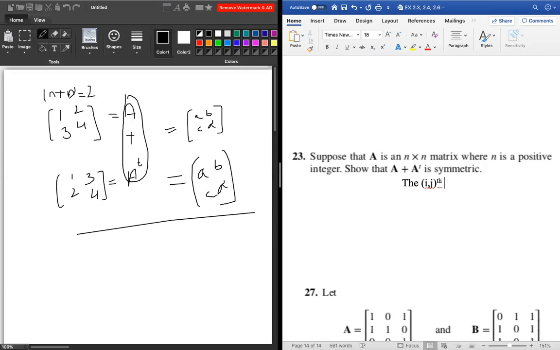The ijth entry of A plus A transpose is a_ij plus a_ji. If this element is at position 1,1, and I take the transpose, it still remains at position 1,1.